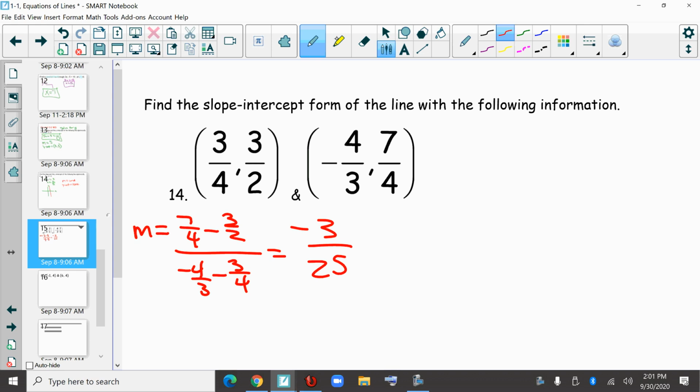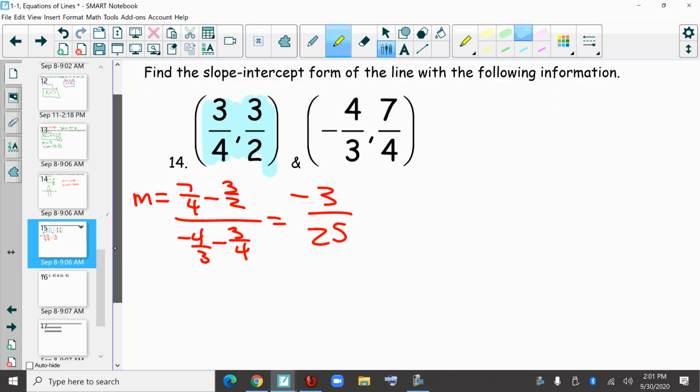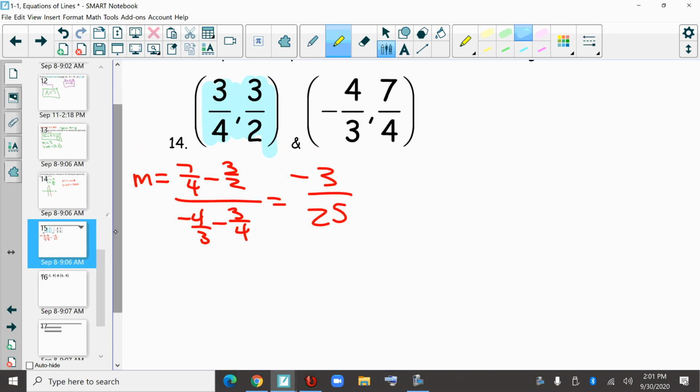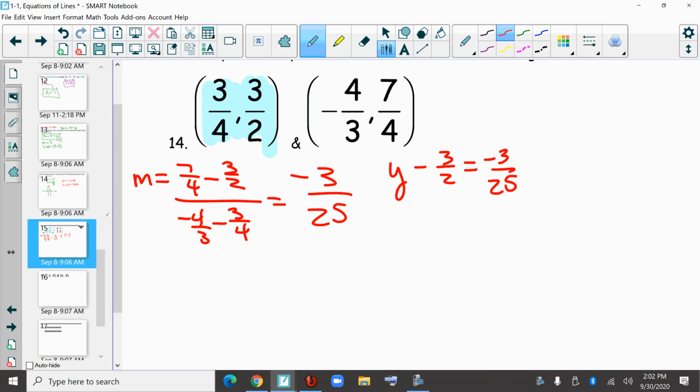And obviously, choosing the point that is going to be positive is probably a little bit easier for everybody. So that means I'm going to go ahead and I'm going to do y, maybe, y minus 3/2 is equal to my m, which is negative 3/25, times x minus 3/4.